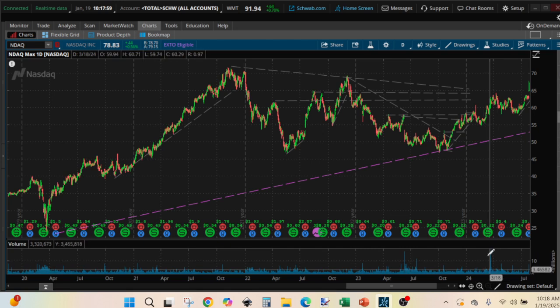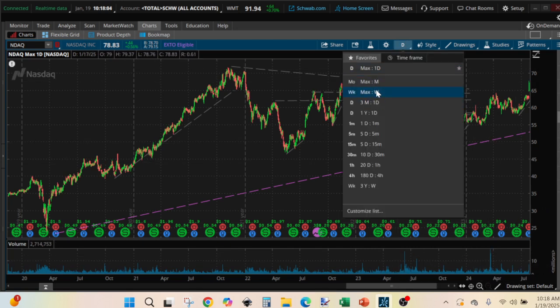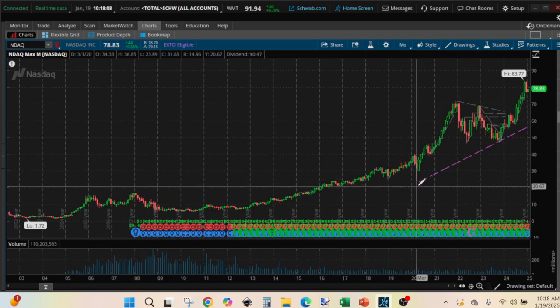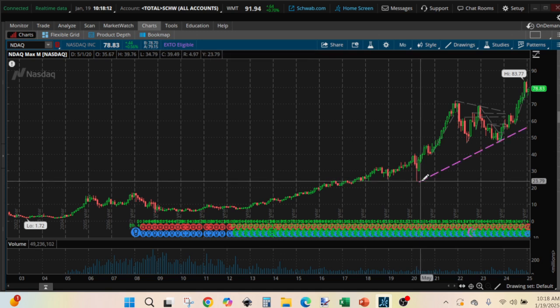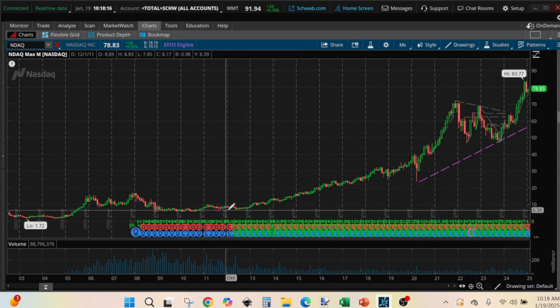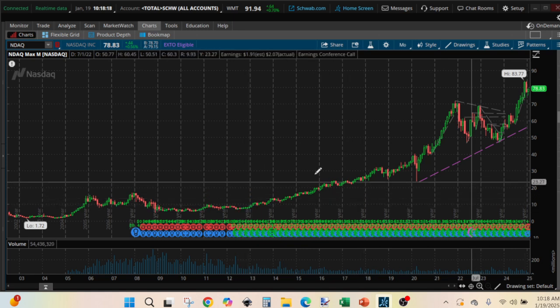So that's the only trend line I'm seeing. Therefore we can go to the maximum monthly chart to see if we want to trace more. It starts from 2020. I don't really think it's going to go down.